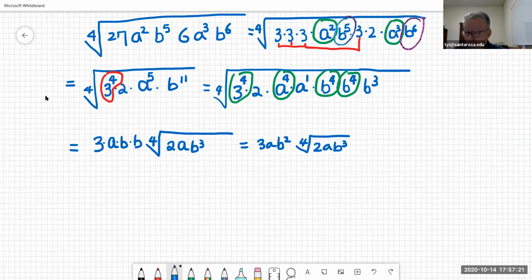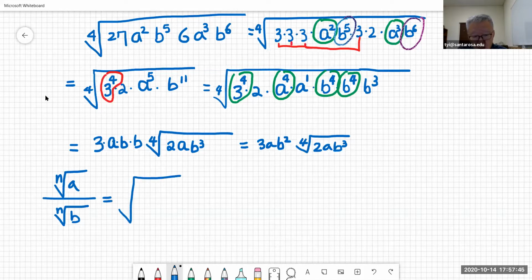The other thing that sometimes is useful here is that if I have the same index with a different radicand like this, you can combine this into one, or vice versa.